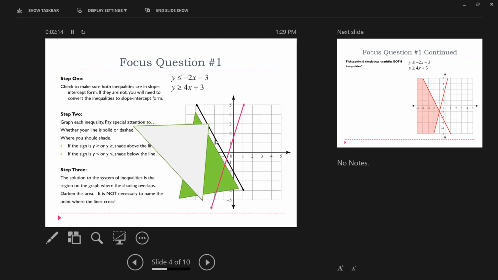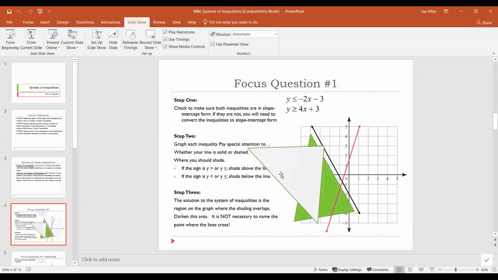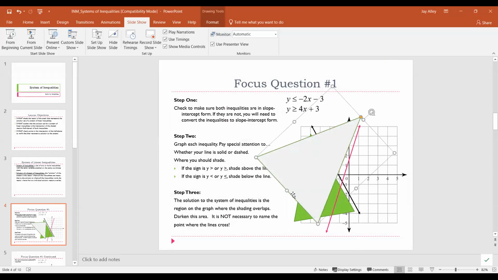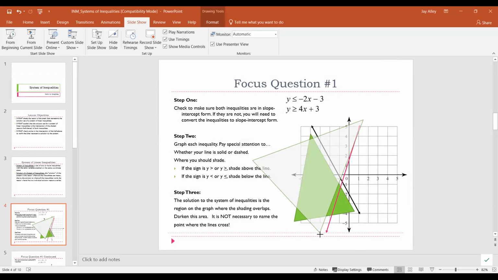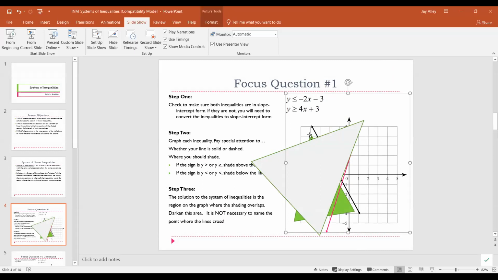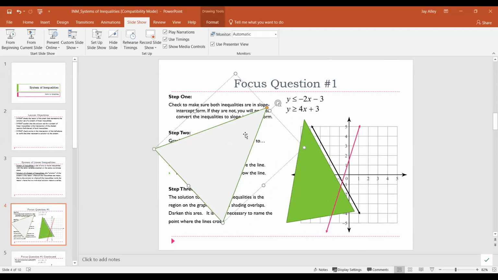So here's an example. Go back to my original here. The green represents the shading from the first one.